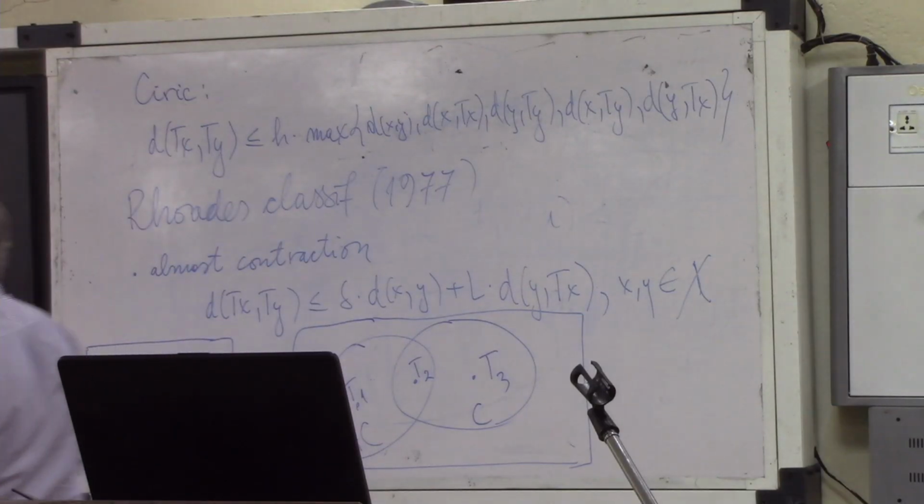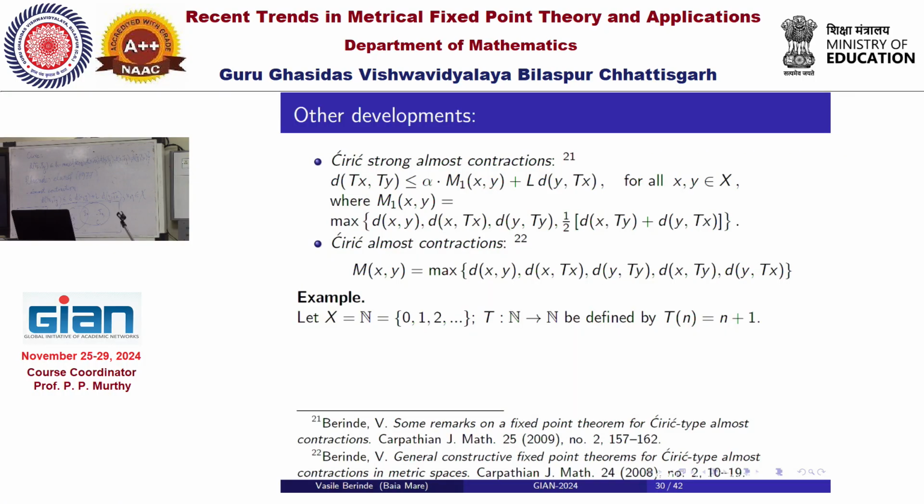I said, okay, we'll have this. Instead of d(x,y), we put this quantity, which appears in the Ćirić contraction condition. And in this paper, General Contractive Fixed Points, I established some fixed point theorems. By chance, Ćirić was asked to make a review.